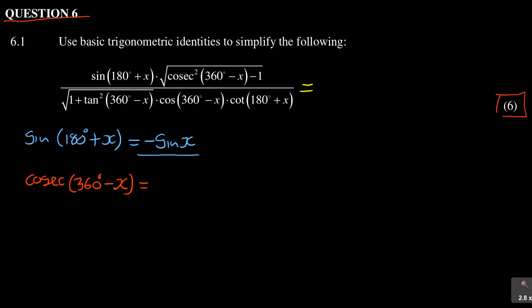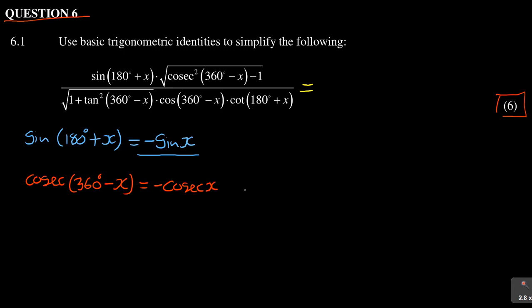Now cosec 360 minus x, just like sin, is the fourth quadrant, and sin is negative, so it becomes negative cosec, not sin. You maintain the cosec, so it's negative cosec x.